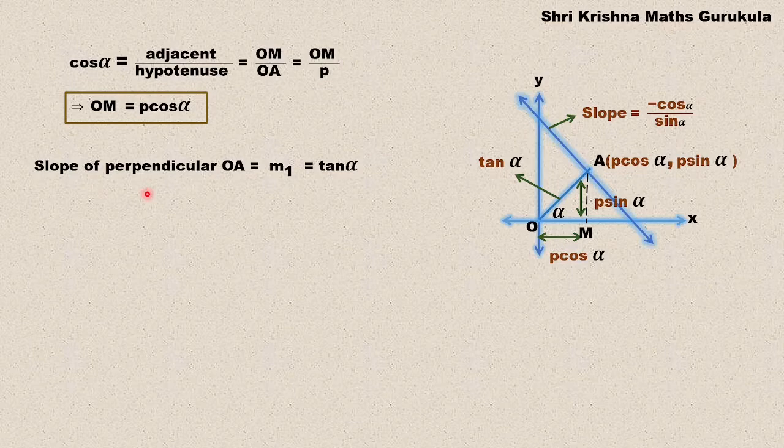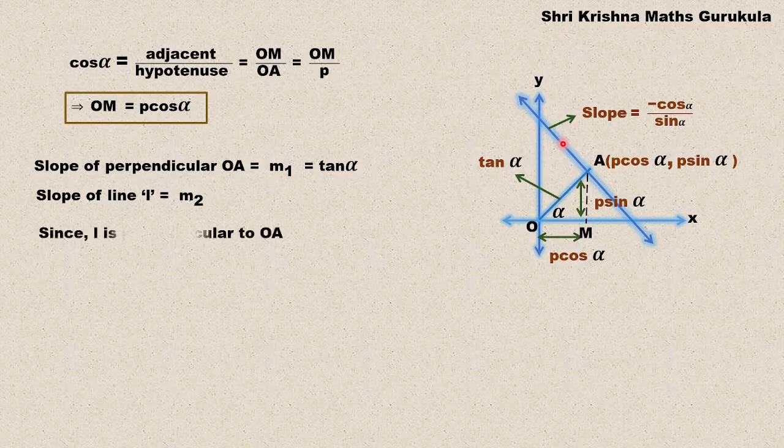Let me call the slope of the perpendicular, or slope of the normal OA, as M1. And what is that? Tan alpha, right? Because we know the inclination of OA is alpha, so its slope will be tan alpha. Now I'm calling the slope of line L as M2, and from the data we know that these two lines are perpendicular to each other. OA is normal to line L. So you know a very important condition.